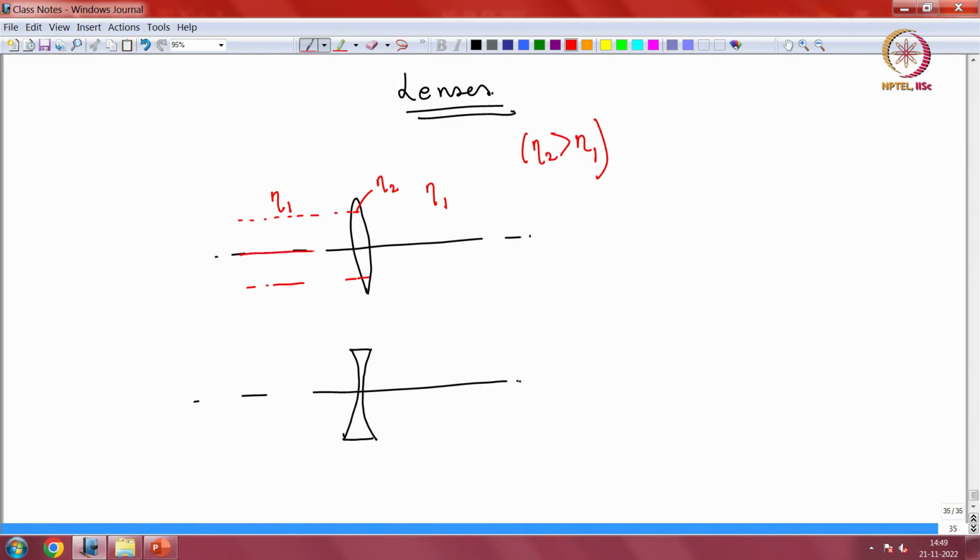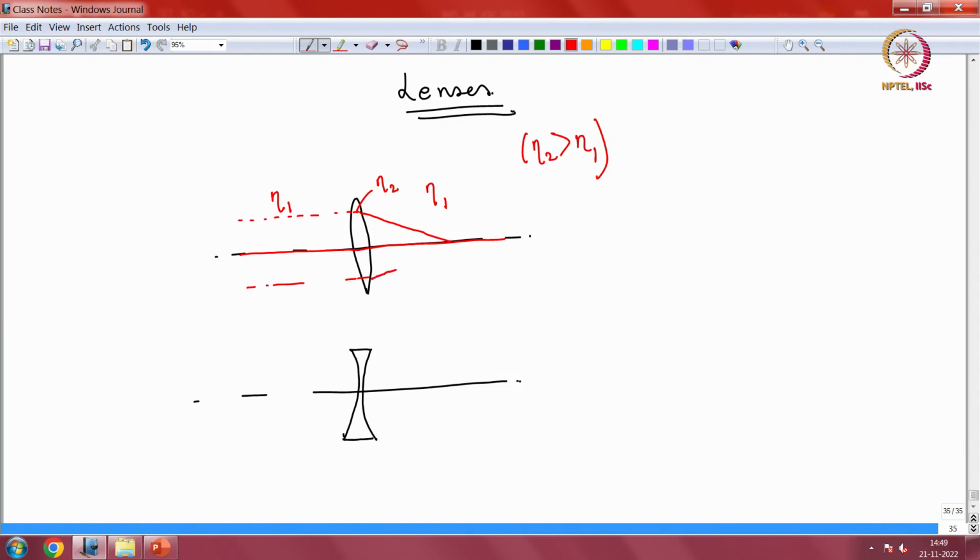Let's say we have three rays that are traveling, parallel rays that have traveled to my thin converging lens. Then the light that is passing through the optical axis just passes unchanged, whereas the light at the top is bent so that it travels towards the center.